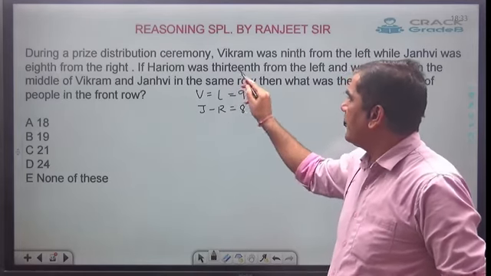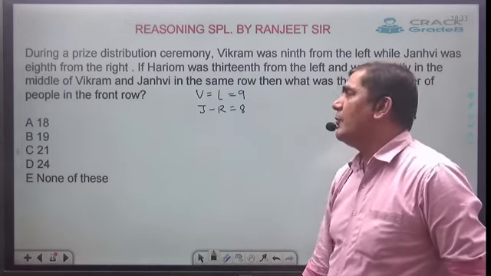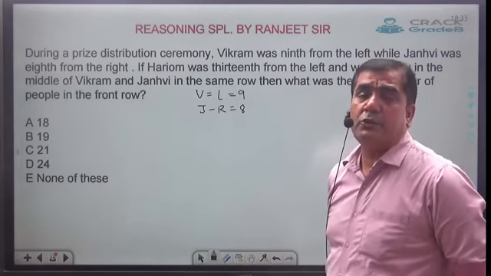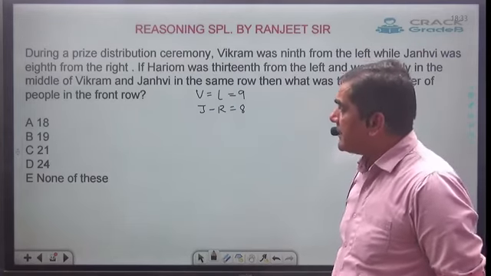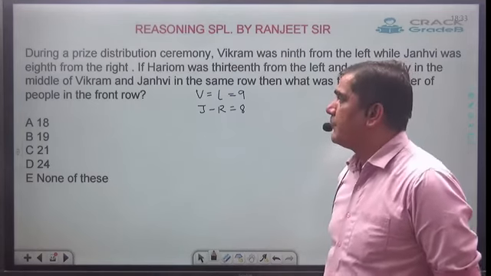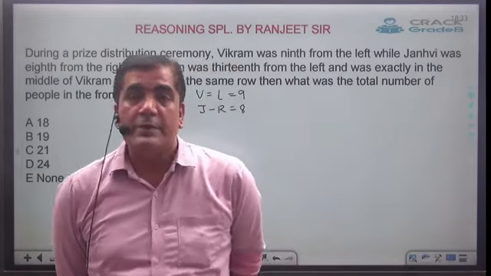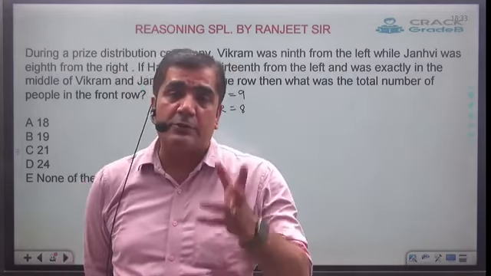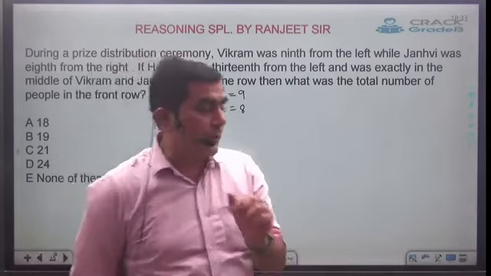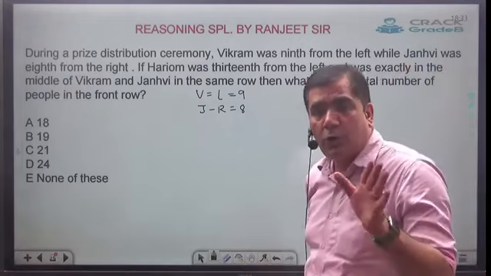If Hari Om was 13 from the left and was exactly in the middle of Vikram and Janvi in the same row, then what was the total number of people in that row? See here, they have not given the total. Since they have not given the total, that's why they have given the position of Hari Om from the left. That is the additional clue they have given in place of the total.